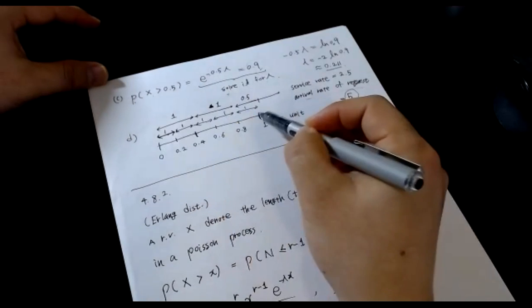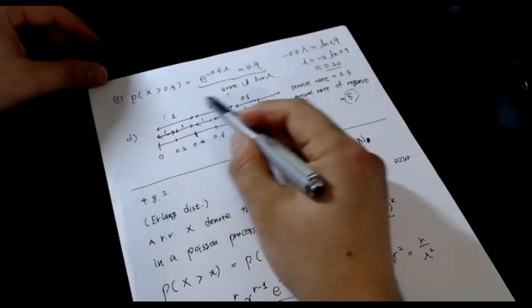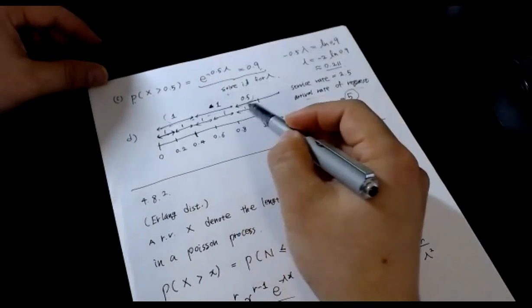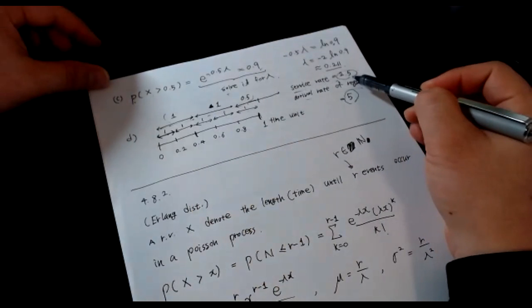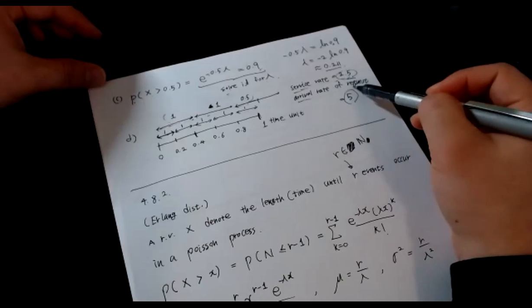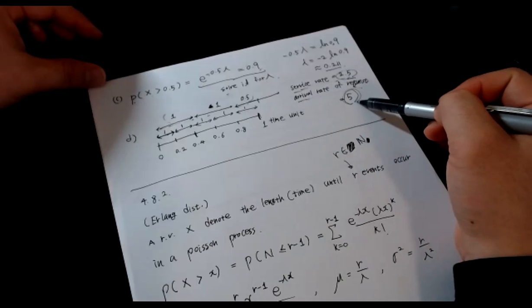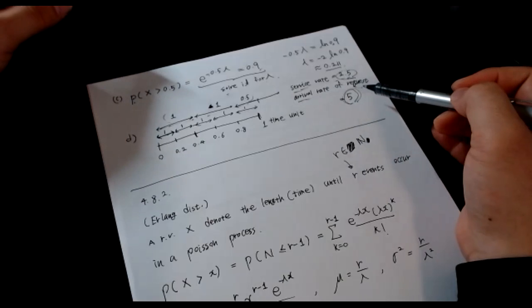Then in one time unit, they can complete 2.5 services. So the service rate is 2.5. Just use common sense: the service rate is 2.5 and the arrival rate of request is 5. Then what happens in the long term? The service requests are going to increase, right?